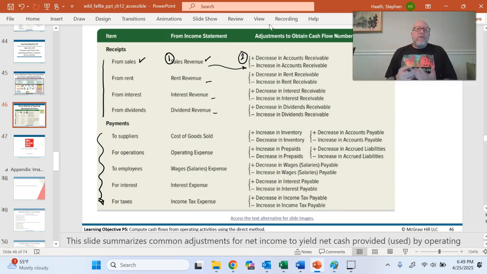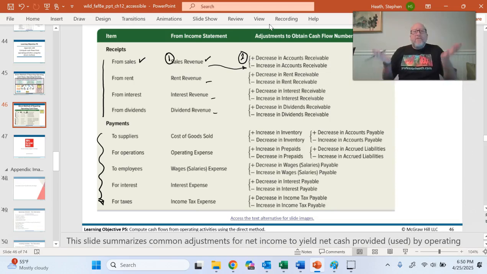I'm going to start with the amounts reported in the income statement. Then I'm going to go look to changes in the balance sheet. And the general rule is if a current asset declines, that is a source of cash. And if a current asset goes up, that is a use of cash.